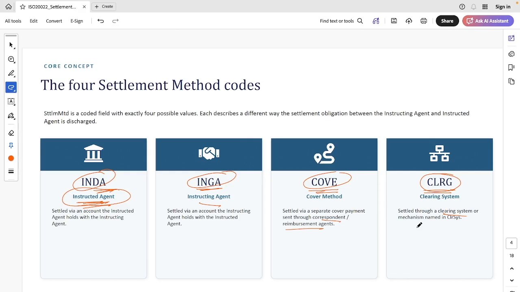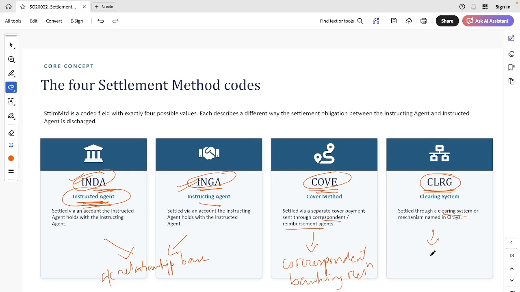A very simple way to remember is that INDA and INGA are account relationship based. Cover is based on the correspondent banking relationship.